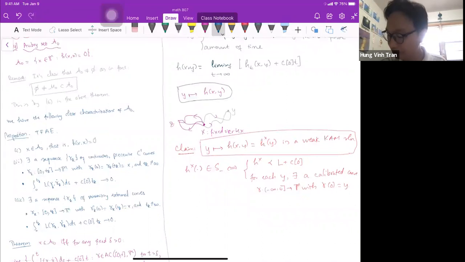Later on, you're going to see that this is nothing but equivalent to the fact that h of x is solving the PDE H(y, dh(x,y)) equals c naught in the torus in the viscosity sense.